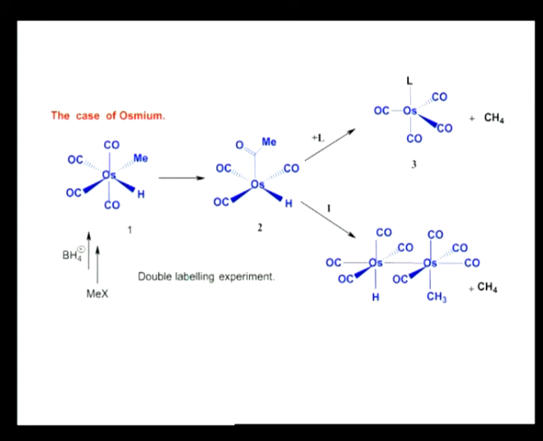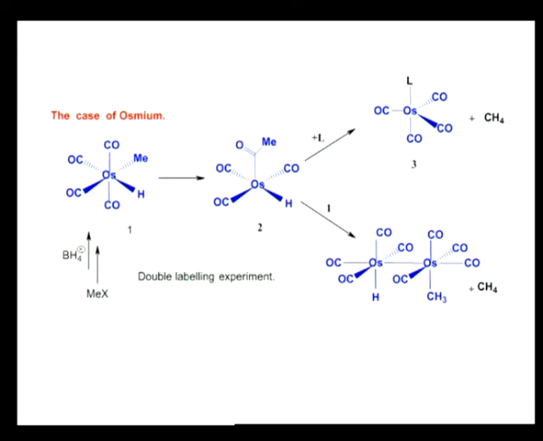So, one particular example that needs to be talked about is the case of osmium. Osmium 2 intermediates undergo reductive elimination of methane, and they can also undergo carbonyl insertion.